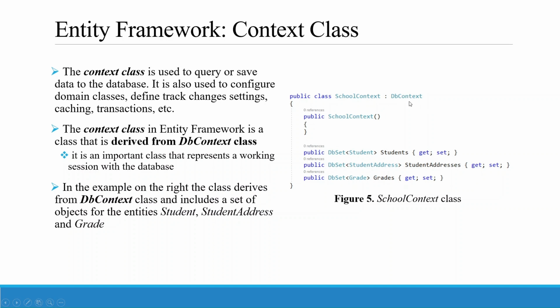It's a very important step. We have an empty constructor and then three public fields: public Students, public StudentAddresses, and public Grades. These fields are called properties in C#. What are properties? These are fields that we can get or set values for.